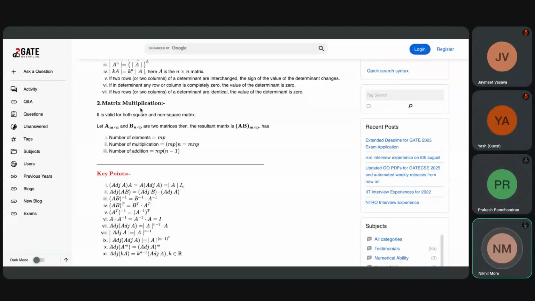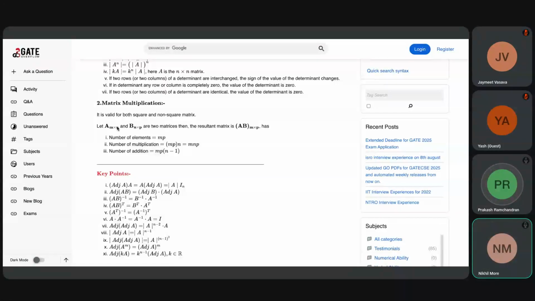When we move forward to matrix multiplication, there are three basic properties that we need to keep in mind. If the matrix A is an m by n matrix, we need another matrix B that will be an n by p matrix.